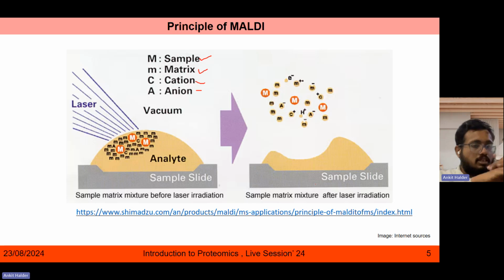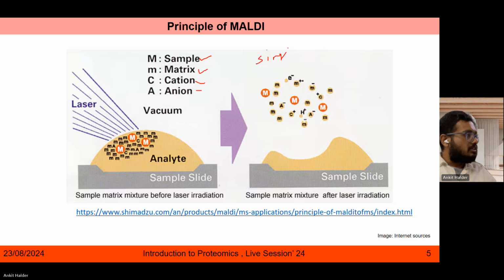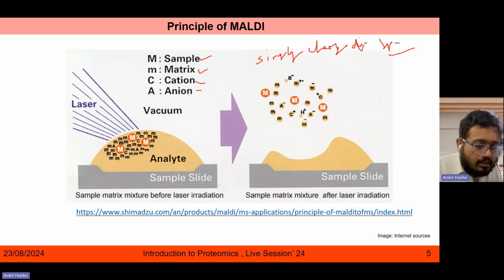As we have mentioned, it will only produce singly charged ion species.